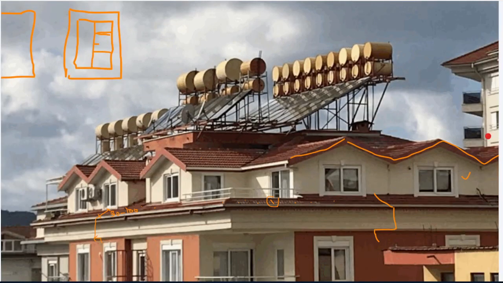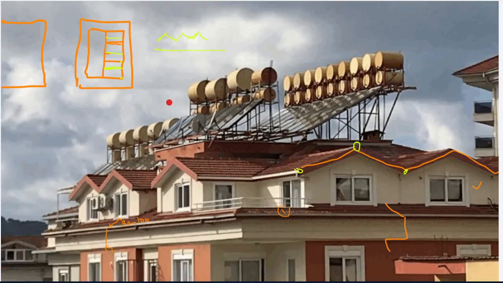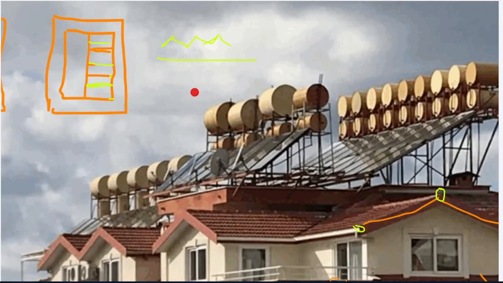And then we will have another yellow one, which is the top of here, here, and here. So this is the top part, which is here, okay? This is another corner, which is here, and this is another corner, which is here. So if you look at the elevation of this one, it will be like that. So the gable types with file that we are seeing here should be exactly like that.